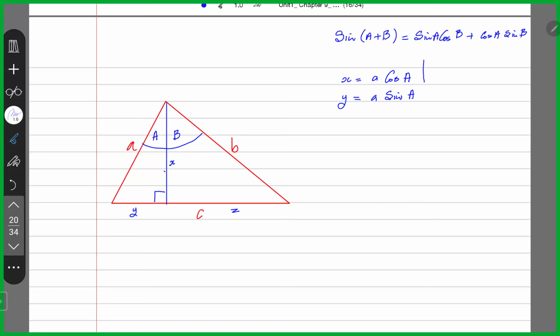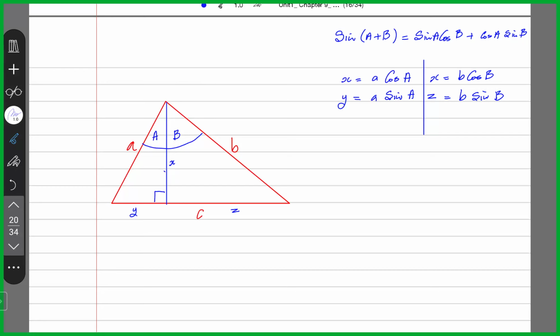I can also say that X is equal to B cos B, and Z is equal to B sine B. Of course, you could show that using trig ratios.